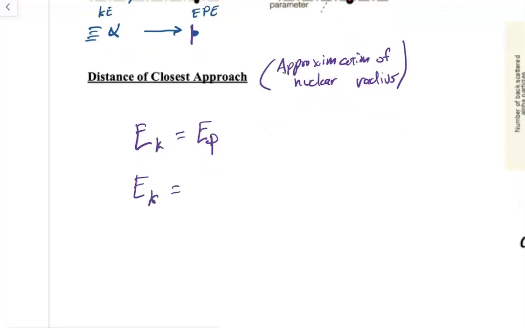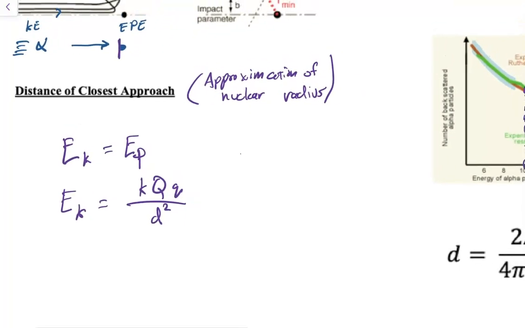We know what potential energy is. It's equal to kQq over, and I'm going to use d in this case, d squared, where large Q is going to be the charge of the gold nucleus. And we're going to say Z protons.